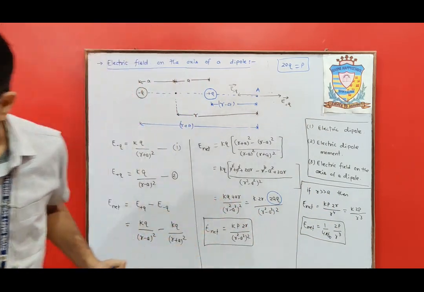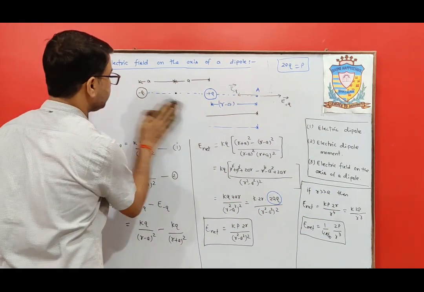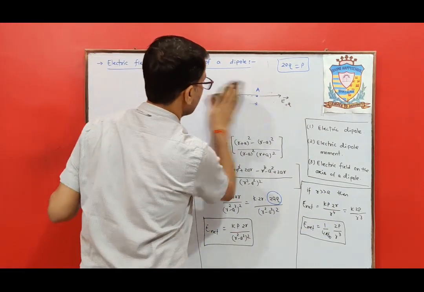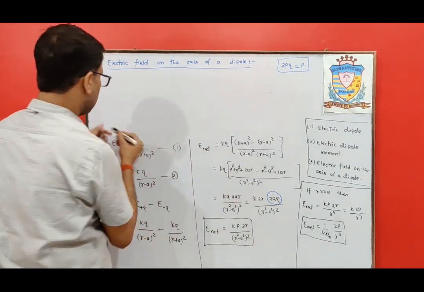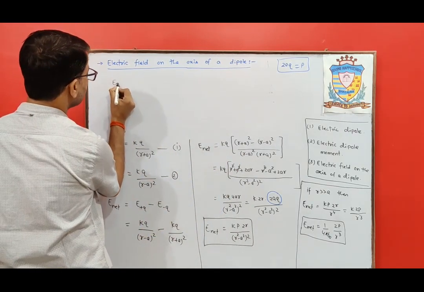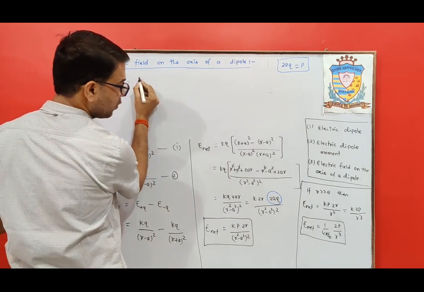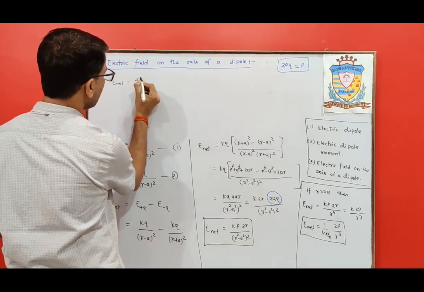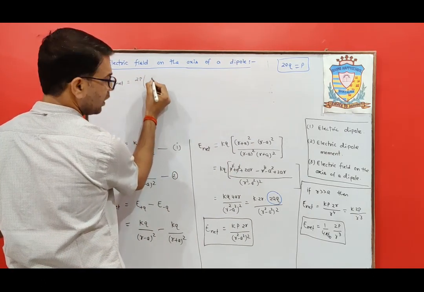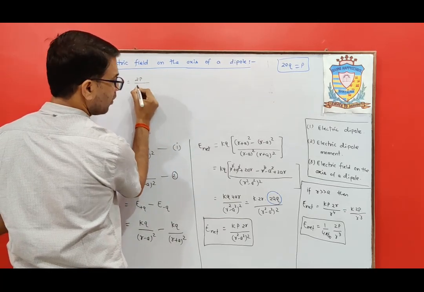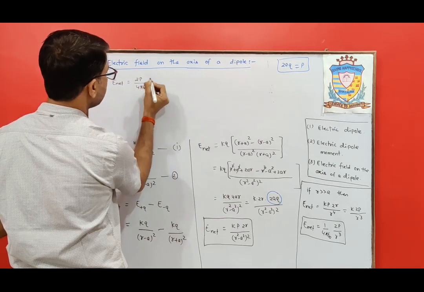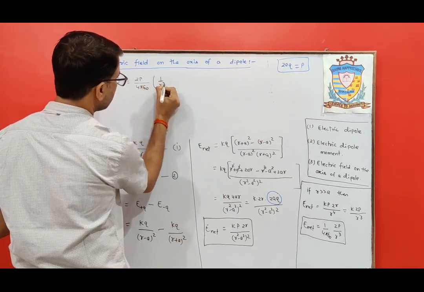Now one more thing that we can write from this formula. E net is equal to 2p into 1 upon 4 pi epsilon naught into 1 by R cube.